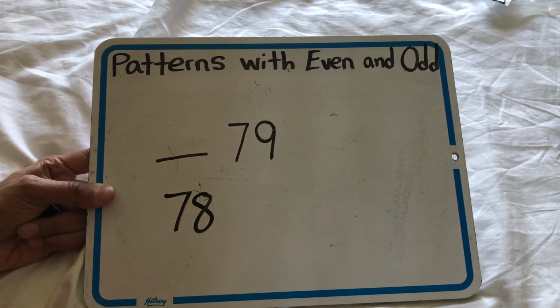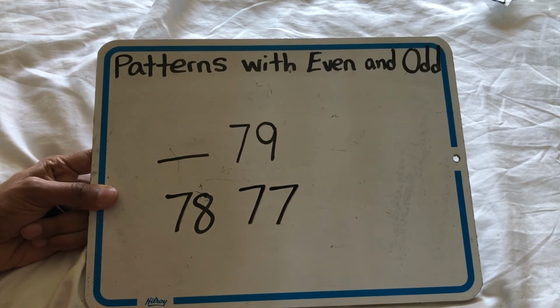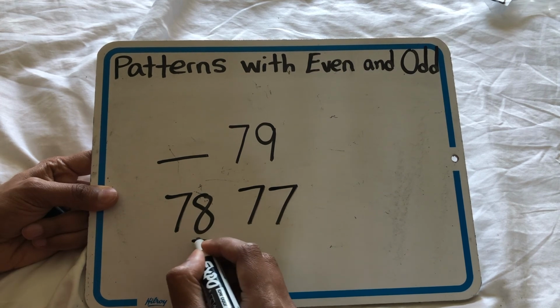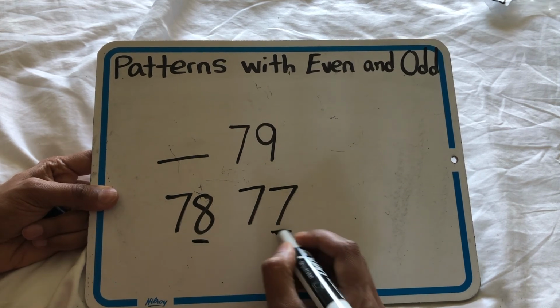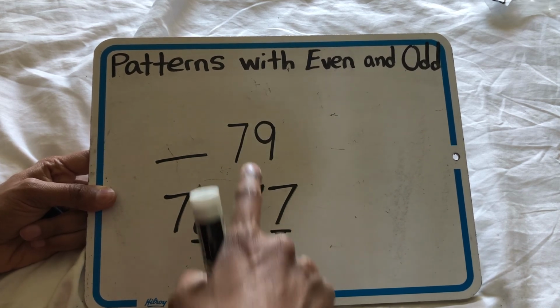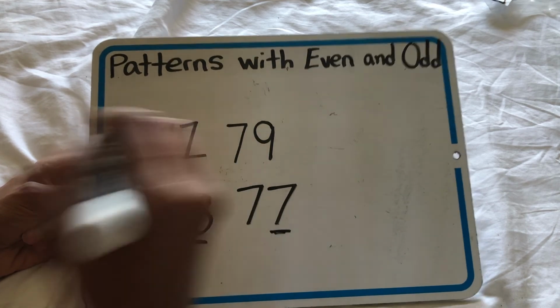What number comes before 78? 77. I'm trying to look for the odd number. Always look in your ones place. So here I have an 8, here I have a 7. I know that 7 is my odd number, so the odd number that comes before 79 is going to be 77.